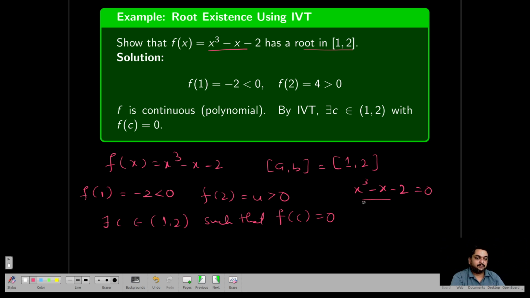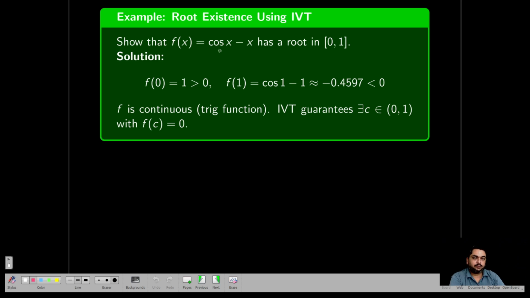So how will you find that? This is the beginning of your numerical methods. Using numerical methods, you find the root. If it was a simple equation, you can just solve it by finding the roots.